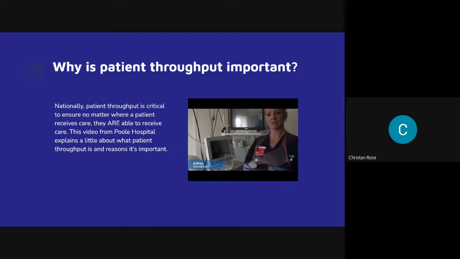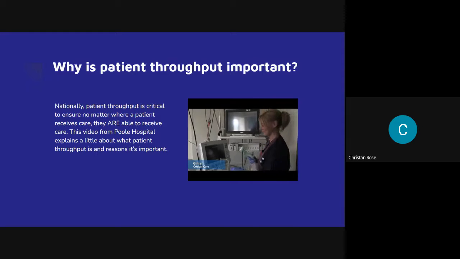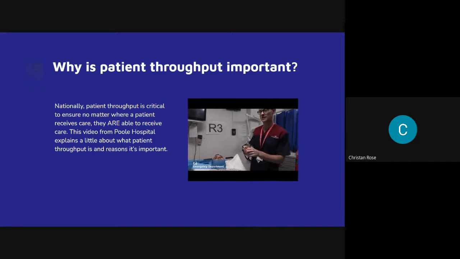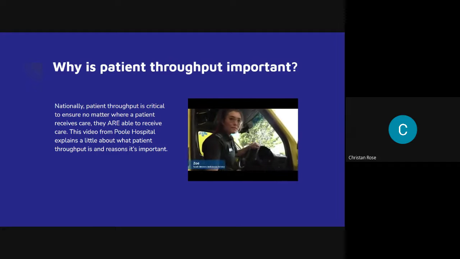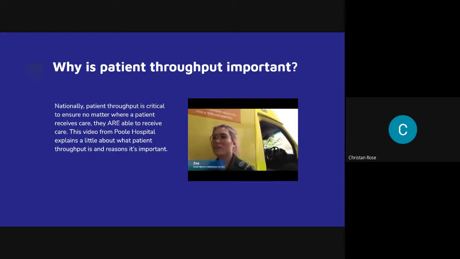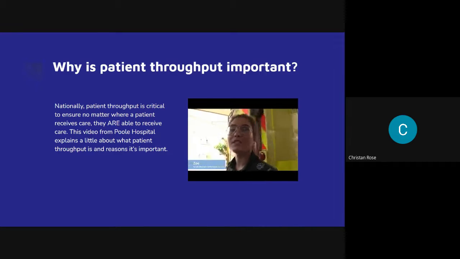This in turn could stop us from delivering life-saving treatment. If we don't work as a team, poor patient flow can mean our department becomes dangerously overcrowded and we can no longer treat our patients. Poor patient flow means that we can't hand over our patients in ED. This means that we have to wait within the corridor rather than responding to 999 calls.